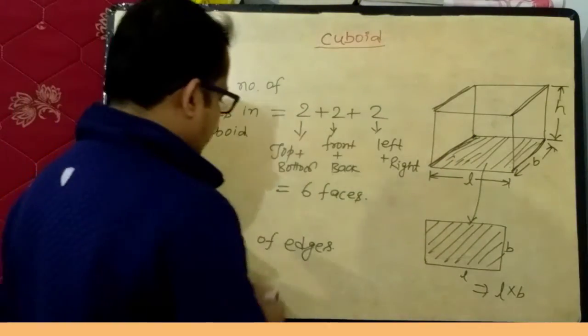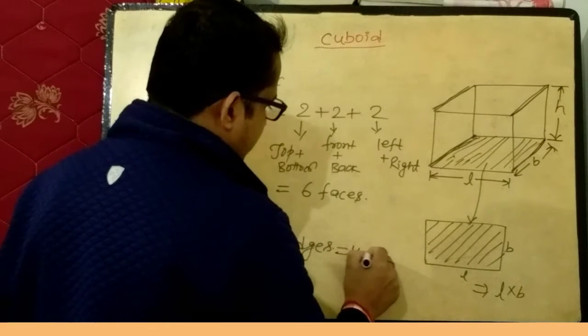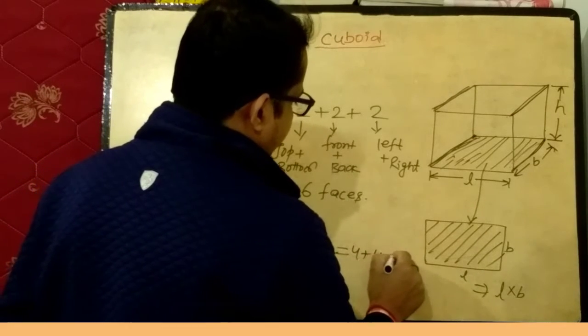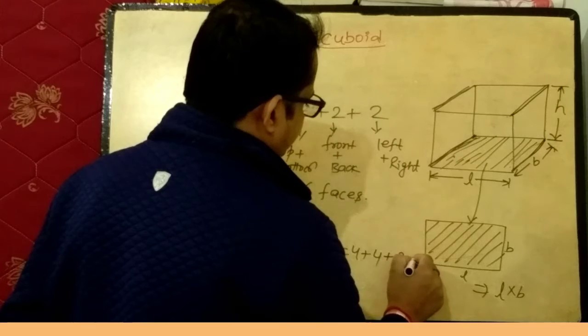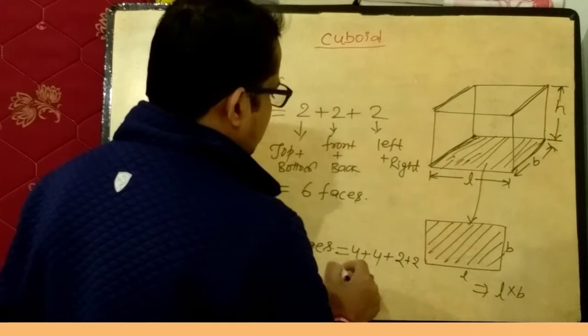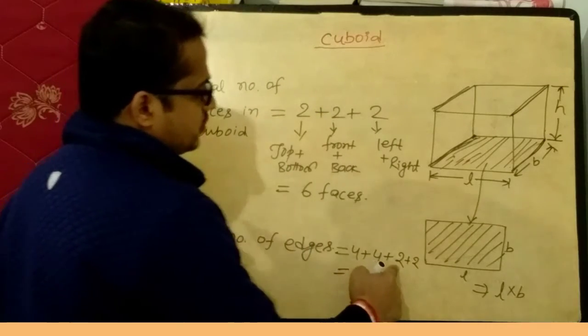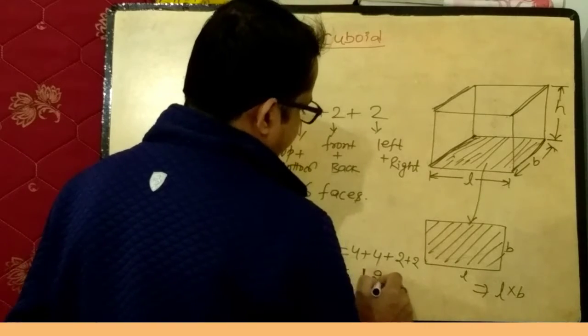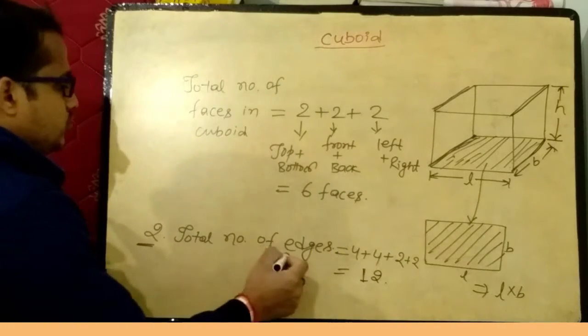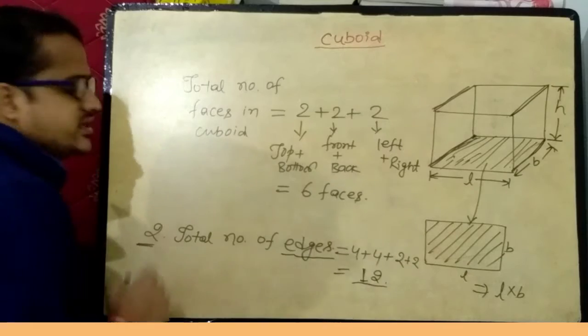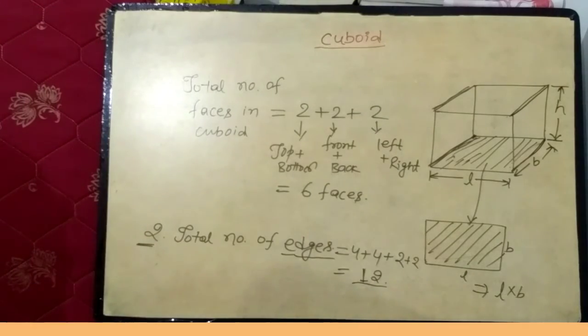So how many total number of edges? 4 in top, 4 in bottom, 2 in left and 2 in right. So total 4, 4, 8, 2, 10 and add up to 12. So there are total 12 edges in a cuboid.